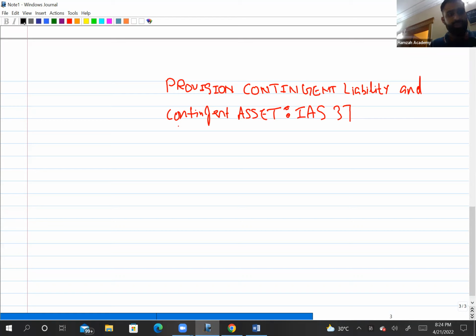This is the topic from where we are going to start. Provisions, contingent liabilities, and contingent assets.